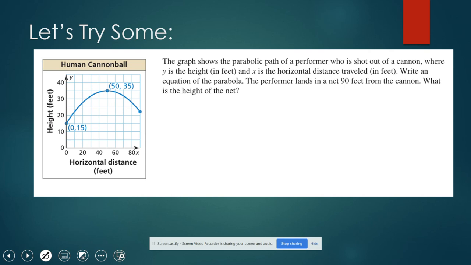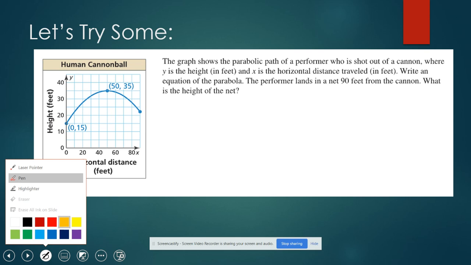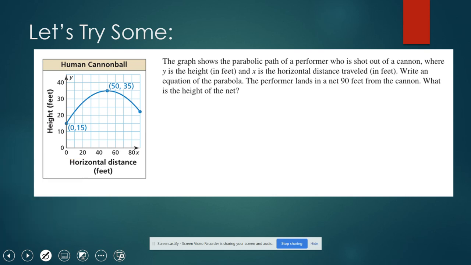So they gave us 0, 15, and 50, 35. Now remember, H and K have to very specifically be our vertex. So of the 3 dots that we can see, which one is our vertex? Well, it's this top one right here. This is H and this is K.